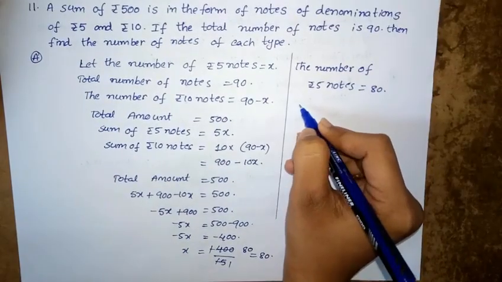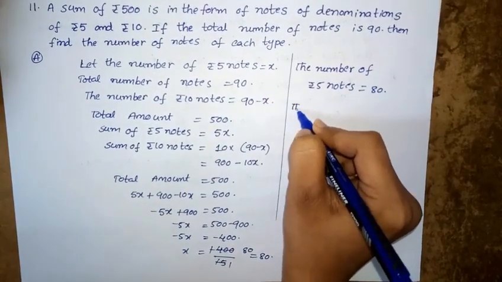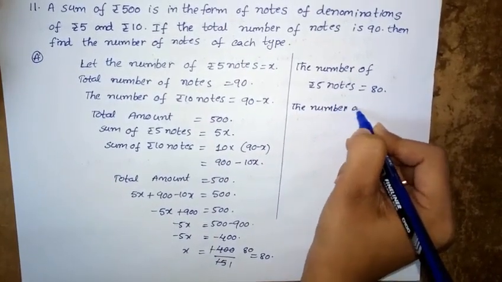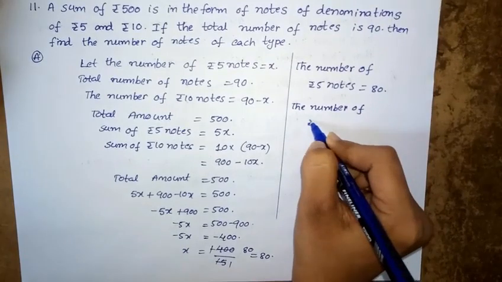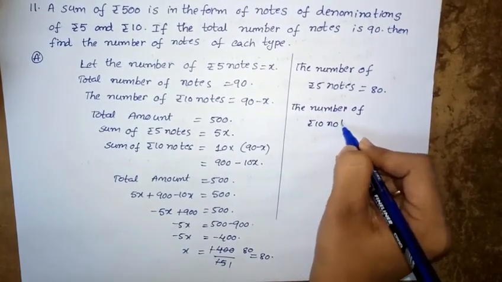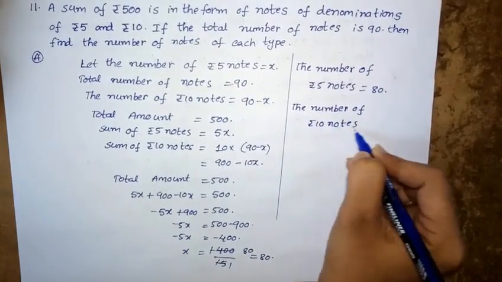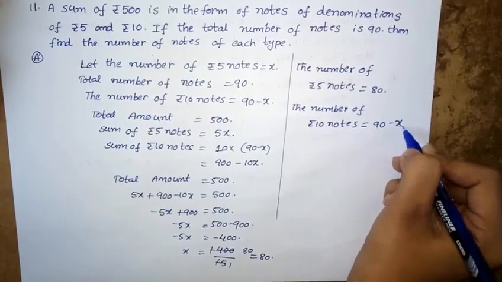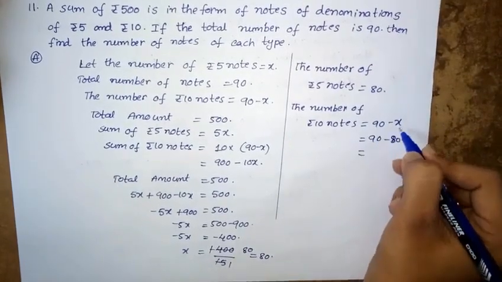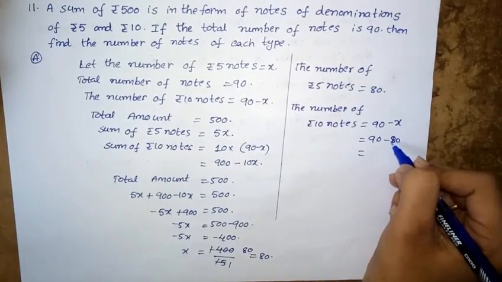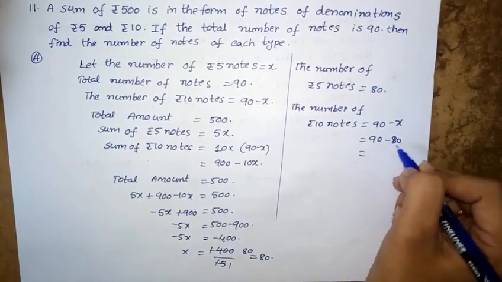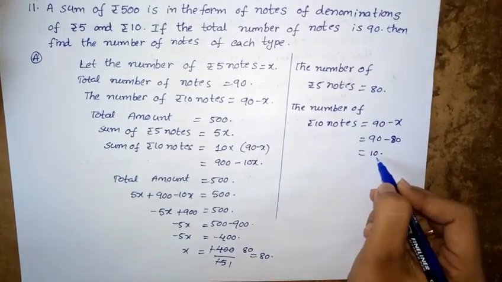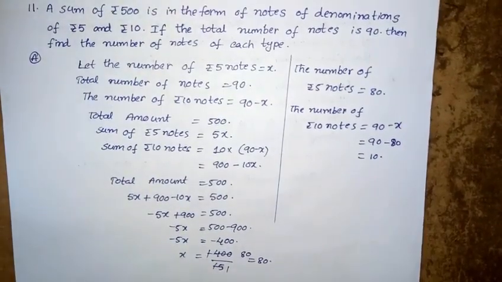The number of 10 rupee notes is equal to 90 minus x. So 90 minus x, where x is 80, so 90 minus 80 becomes 10. So the number of 10 rupee notes is 10. This is the solution for the 11th problem.